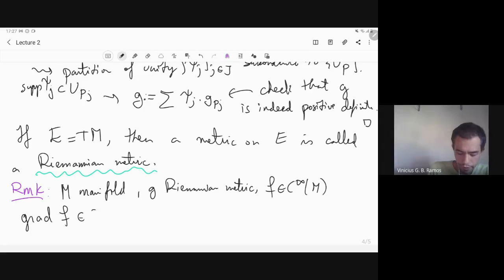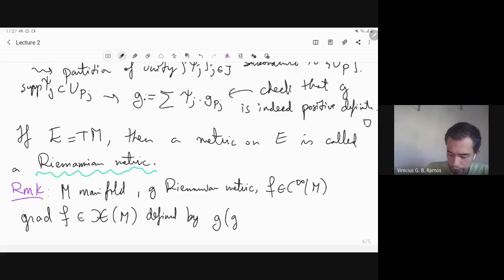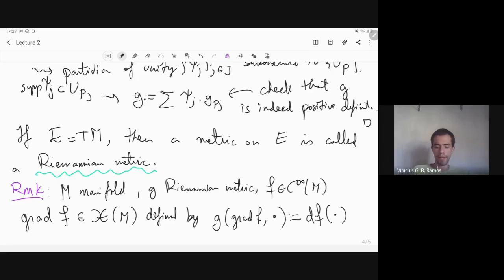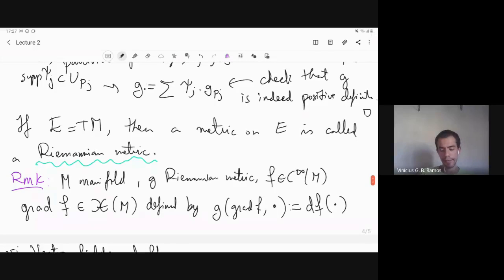This is a vector field on M, and it is defined by g of the gradient vector field paired with something else is, by definition, df paired with that vector. Because g is positive definite, that means it's non-degenerate. So every time you pick a one-form, you can always find a corresponding vector field here. Okay, so an exercise is to understand this remark.